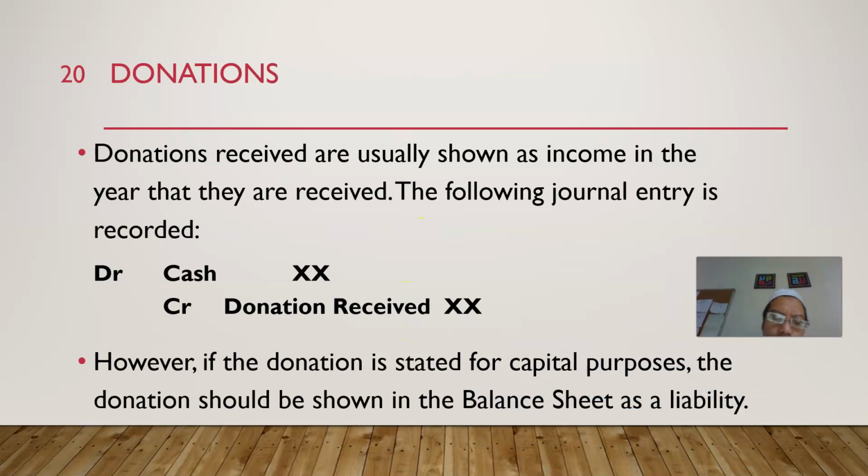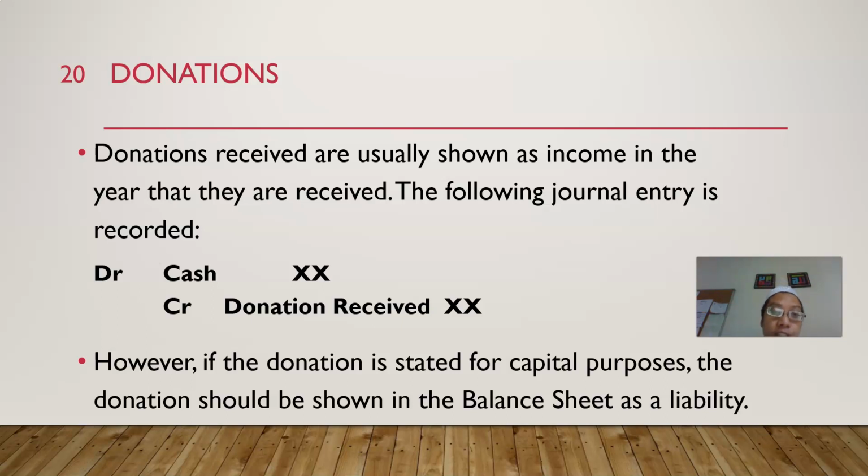Besides receiving subscription as well as life membership subscription, non-profit organizations may also receive donations in order for them to run their operations, to conduct activities that benefit the members as well as non-members of the non-profit organization.